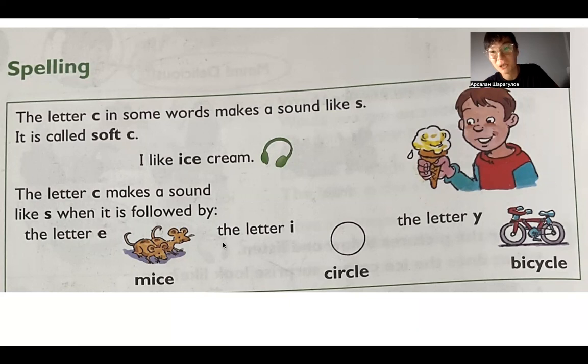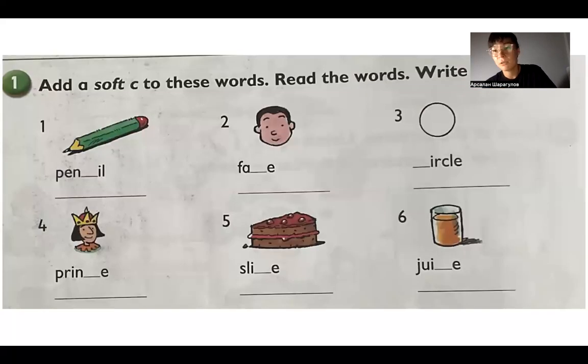Mice, circle, bicycle. And this is called soft C. So the letter C makes a sound like S when it is followed by the letter E, the letter I, the letter Y. Easy peasy. Now, let's do this exercise together.